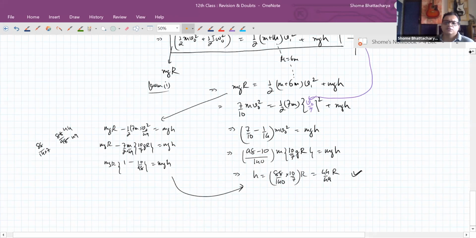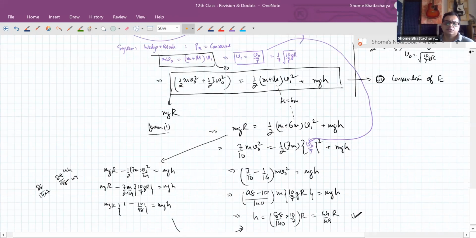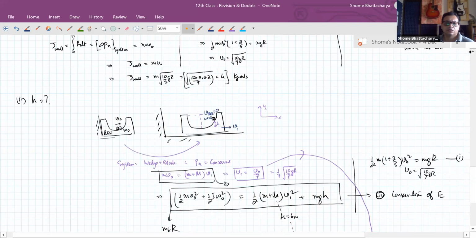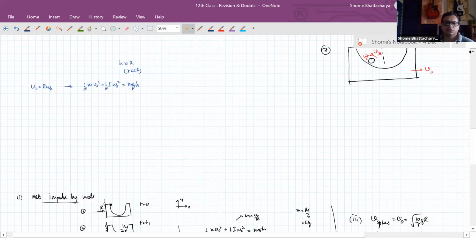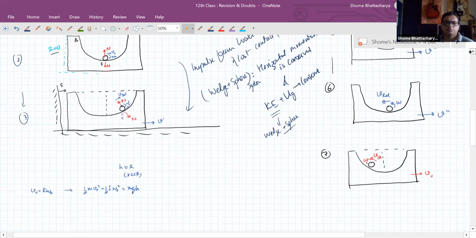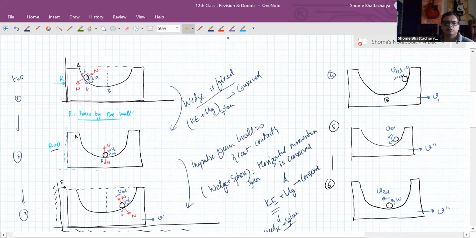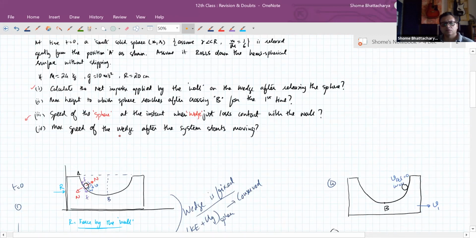Okay, now next part of the question is the most interesting thing. As you see, third part we've already calculated: the speed of the sphere when it loses contact, that we've got. Now we have to find the maximum speed of the wedge once the system has started moving. What is the maximum speed that the wedge develops?